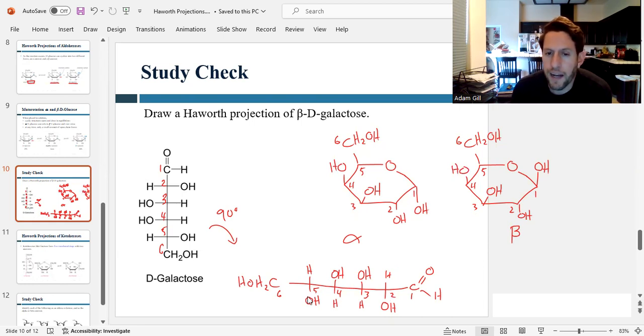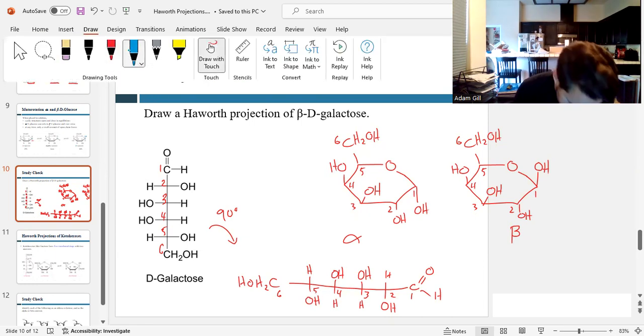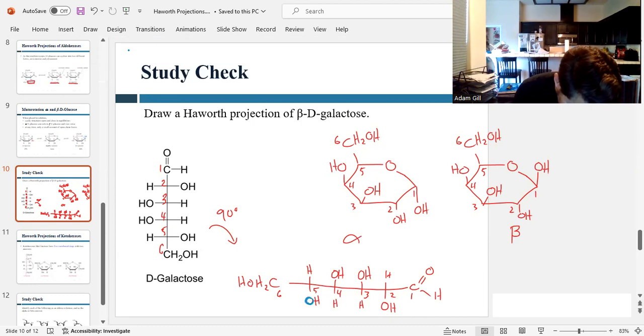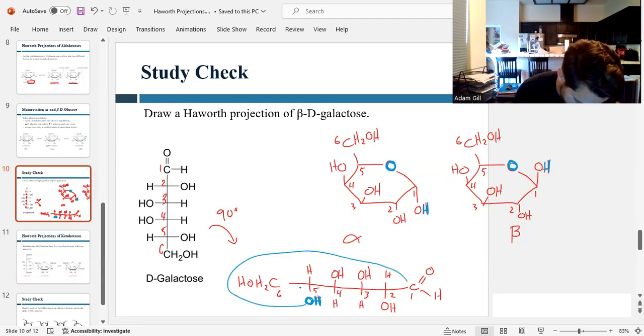And at carbon 5, there is no more OH because this oxygen here, this O and this H, is now this O and this H. When it closed the ring, it transferred its hydrogen over to carbon number 1.